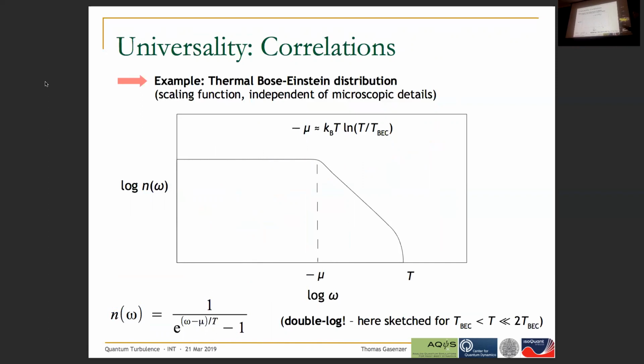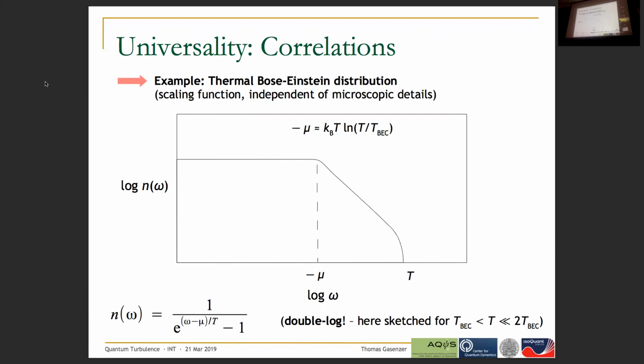For this, I'd like to have a look at correlation functions, simple correlation functions, two-point functions, distribution functions actually in momentum or energy space. And the simplest one for a Bose system is the Bose-Einstein distribution of number of particles in modes with energy omega, here drawn on a double log scale.